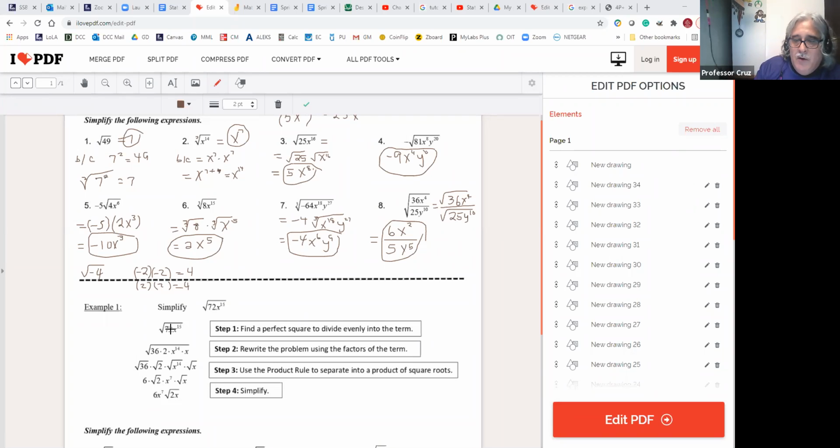And 72 can be written as 36 times 2. And if you remember, 36 is a perfect square because that's 6 times 6. The 2 is going to just be stuck in there forever. The 36 will come out as a 6. See, we break it apart using the product property of radicals that I told you about.